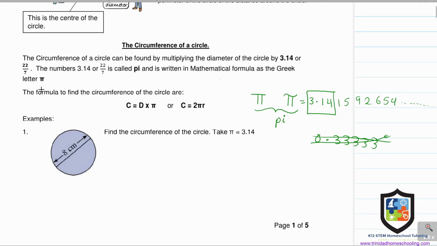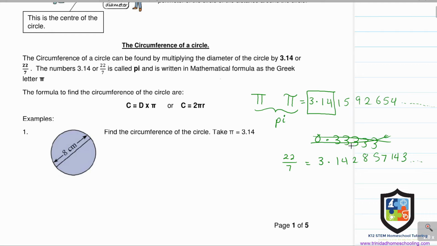If you're allowed to use calculators, you can punch in pi into your calculator and press the equal sign, and you would see this number. You could also divide 22 by 7, and you should see a similar number. In your calculator, 22 divided by 7 will give us 3.142857, and it goes on and on.